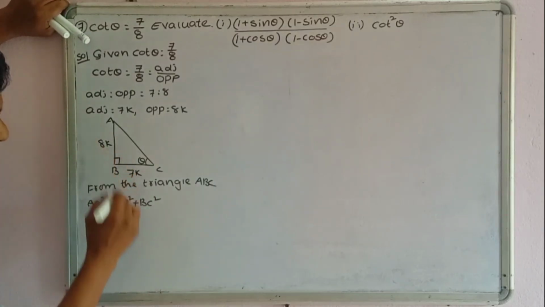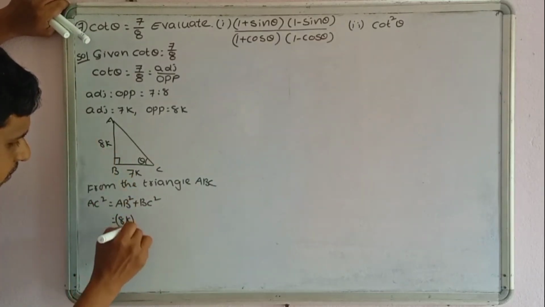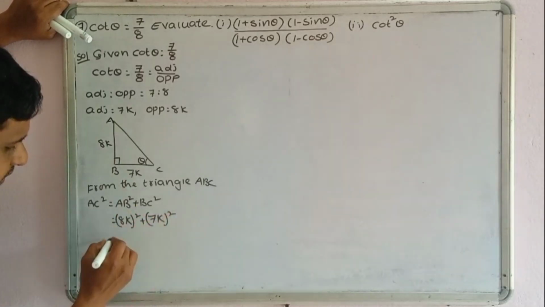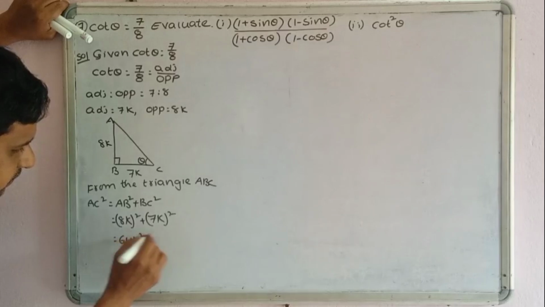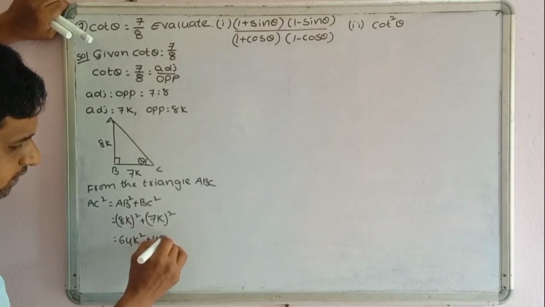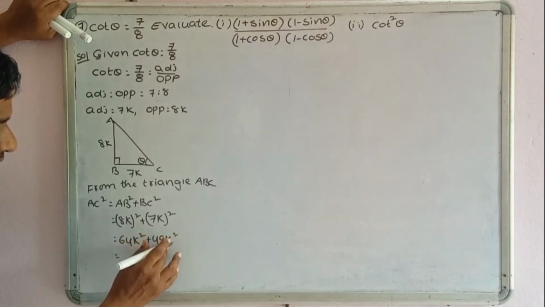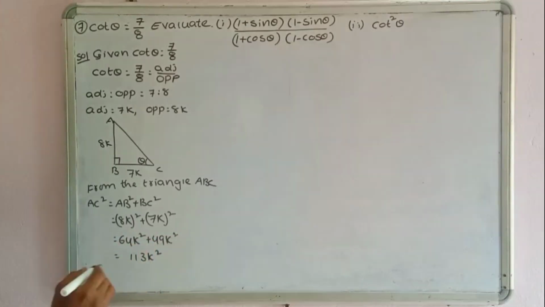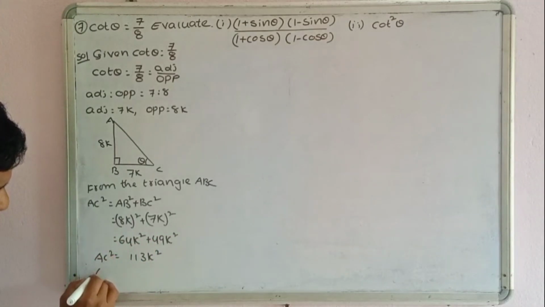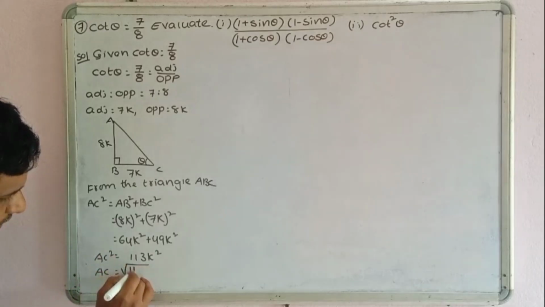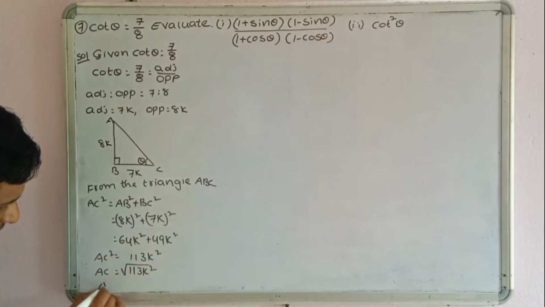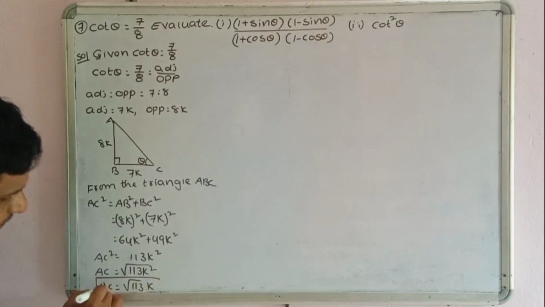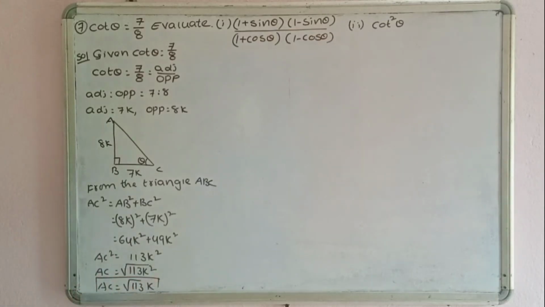Here AB is 8k whole square, BC is 7k whole square. 8 square is 64k square, 7 square is 49k square. 64 plus 49 is 113k square. What is this? AC square. So AC equals square root of 113k square, that is square root of 113 times k. So the value of AC is square root of 113 k.